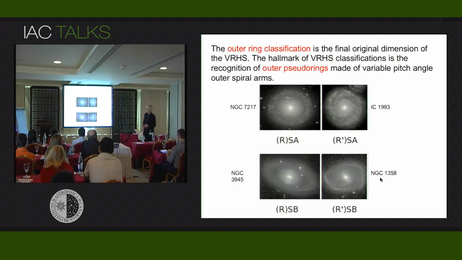But one of the things that de Vaucouleurs did, first of all, de Vaucouleurs introduced the outer rings to the classification system, according to Sandage. And de Vaucouleurs also introduced these features called R prime, which are outer pseudo-rings that are made of variable pitch angle spiral arms. Now, a lot of these spirals have a ring-like character to them. Is it worth recognizing?